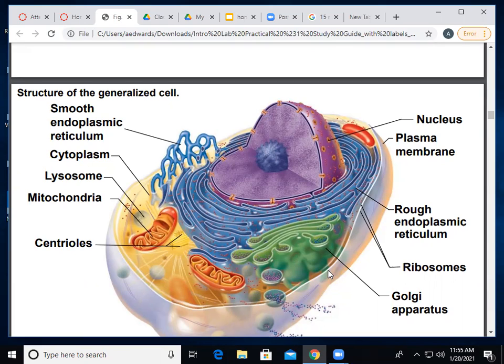We'll talk about this more in chapter 3 in lecture, but there's an important pathway: DNA is used to make RNA, which is used to make protein.